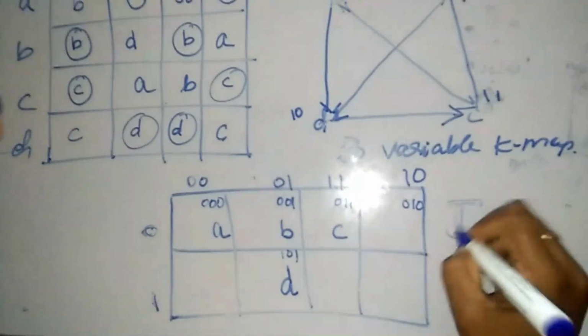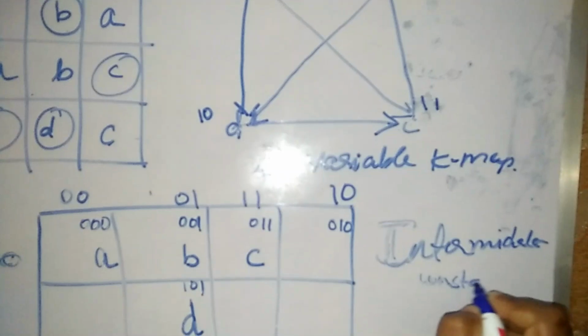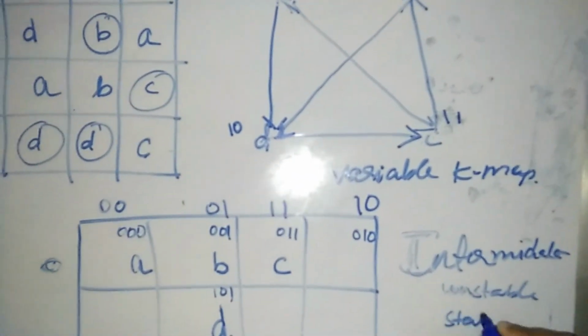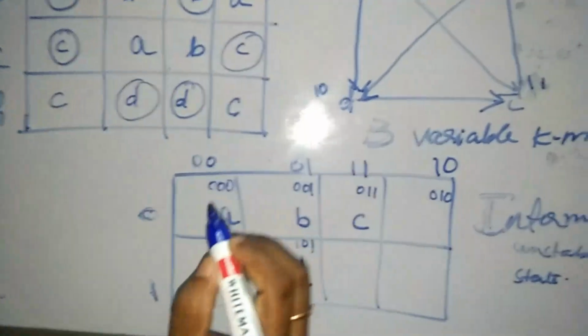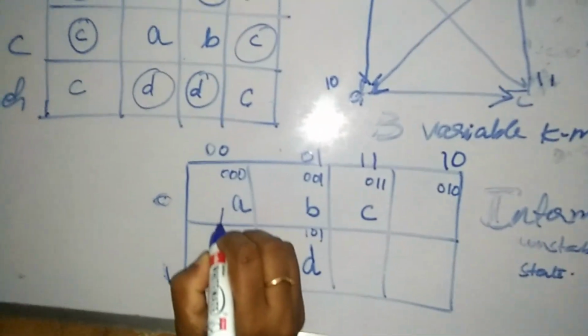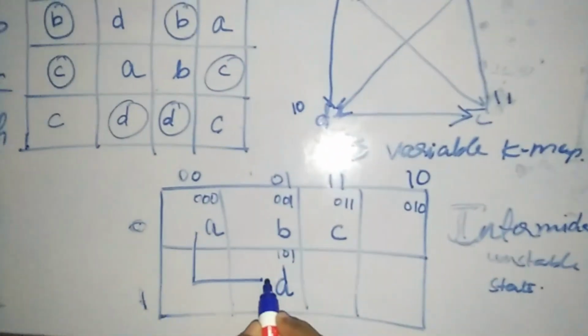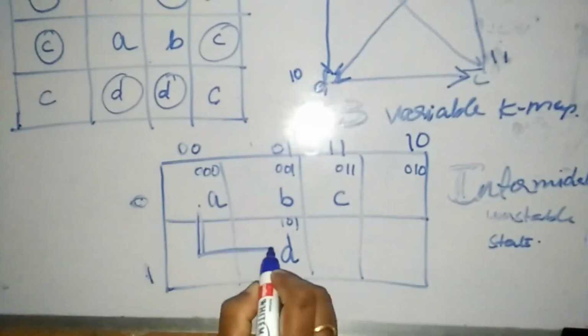intermediate unstable state, or assigning of an intermediate unstable state. Okay, so this is the method to be followed. Now A is 0, 0, 0 and D is 1, 0, 1. So here what I have to do is assign an intermediate state to get to D. From A to D, I'm covering this particular position.